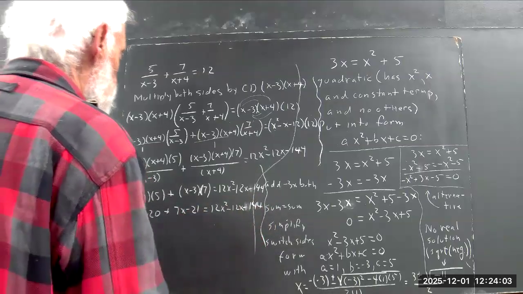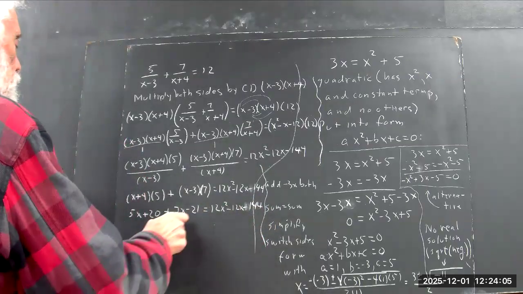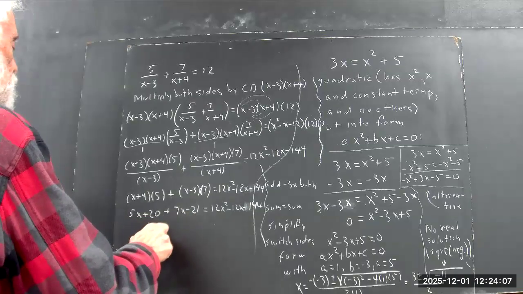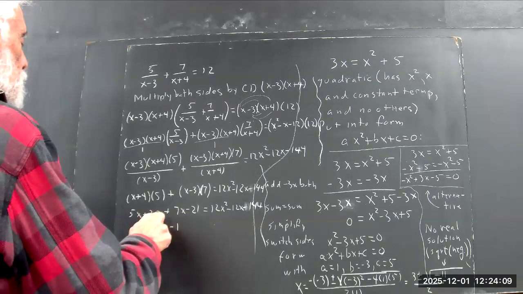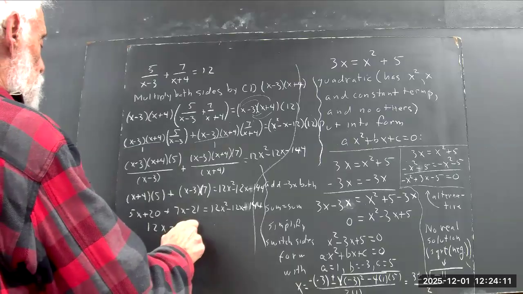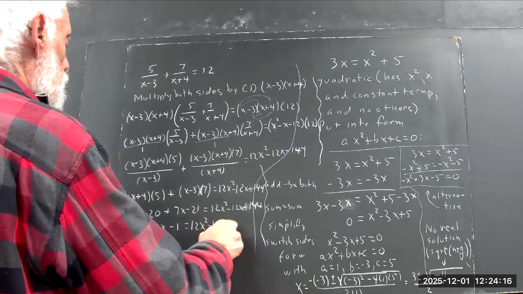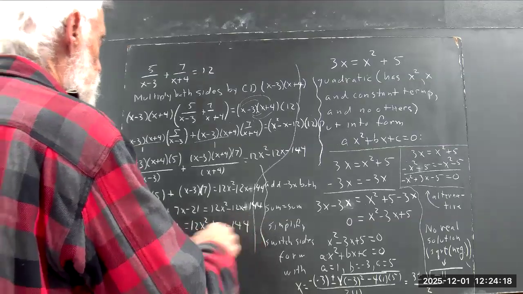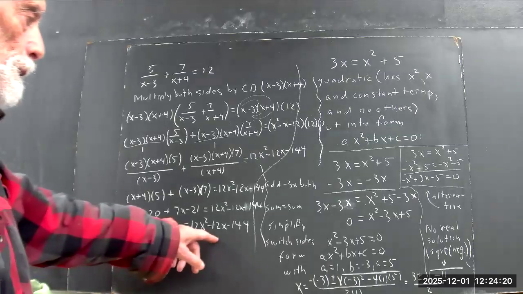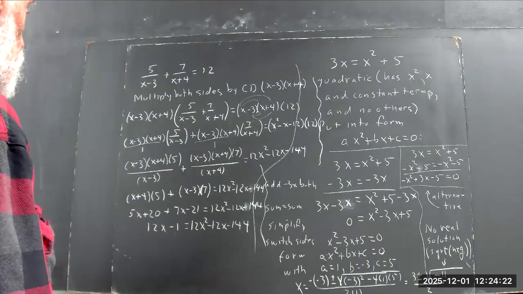Let's fix that. 5x and 7x gives us 12x. 20 and minus 21 gives us minus 1.